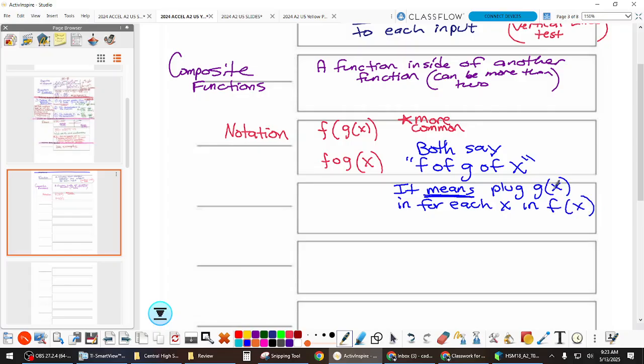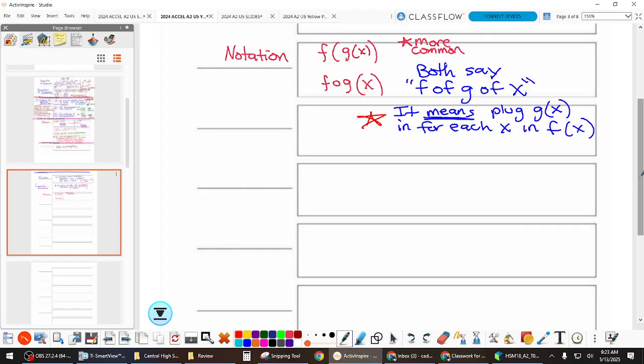So it means plug g of x in for each x in f of x. In the equation, where you find it, plug. So we'll just put an example right here.